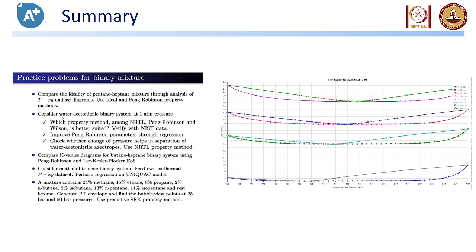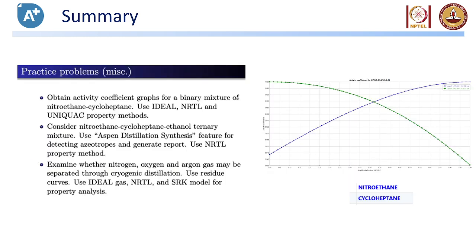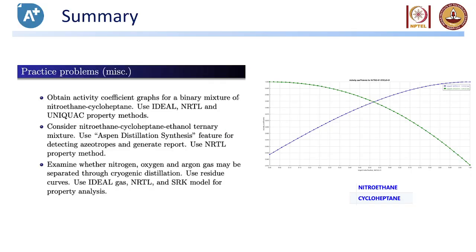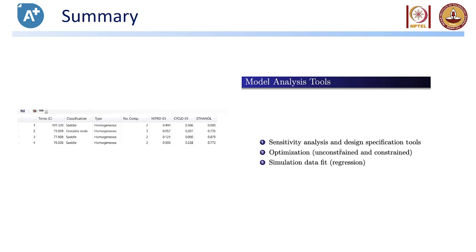So Professor was discussing TXY plots in the last week's lectures. He discussed binary mixtures, and then there was discussion about sensitivity analysis, the design spec toolbox, optimization, and the simulation of data fitting regression.